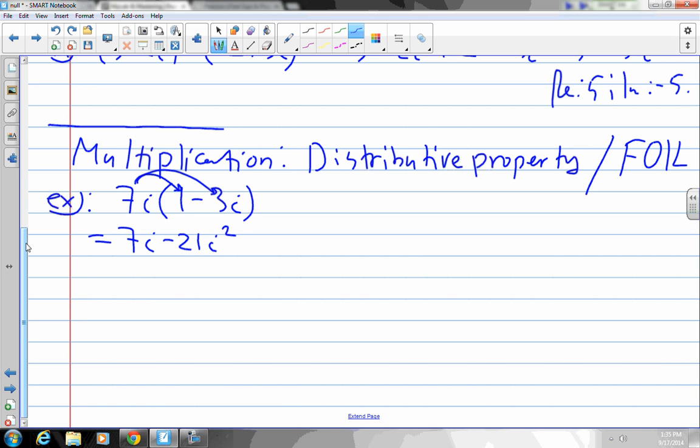Because again, your final goal is to be able to identify real and imaginary parts. But i squared is negative 1, so it becomes negative 21 times negative 1. So negative times negative gives you positive, so you can write it as 21 plus 7i. So the real part is 21, the imaginary part is 7.